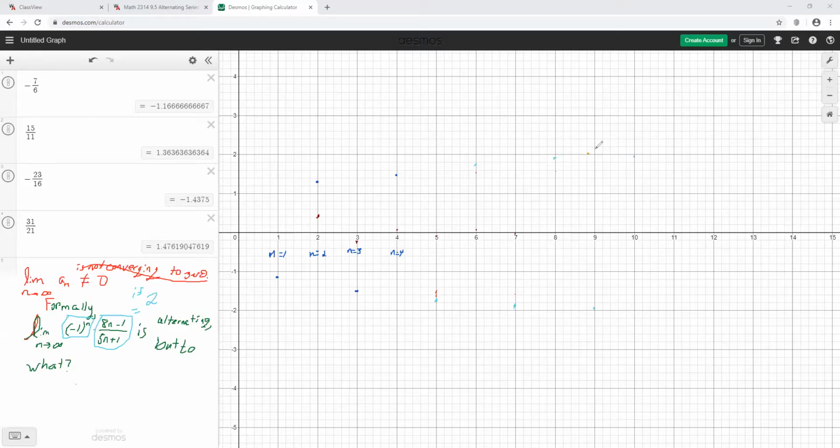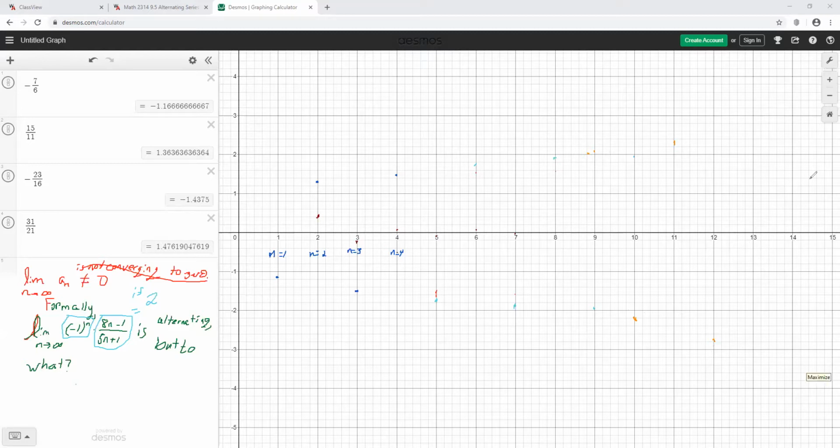I'm sorry, that would have been like right here, past 2, below negative 2, and then they just keep going upward forever and downward forever. And then half of these terms would be getting closer and closer to what's forever upward? Infinity. And the other half getting closer to what?